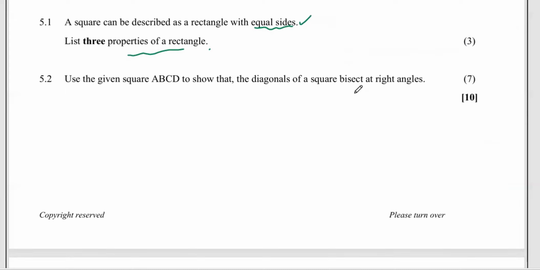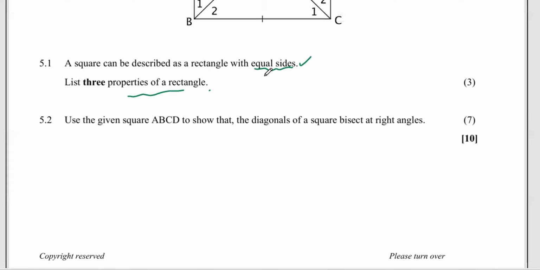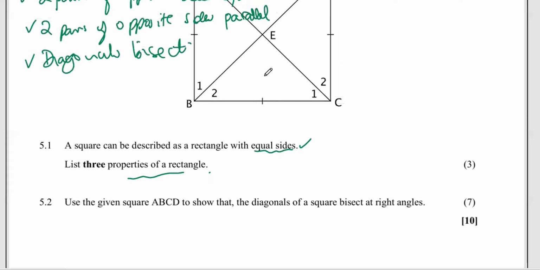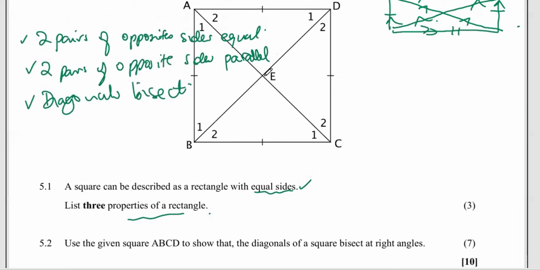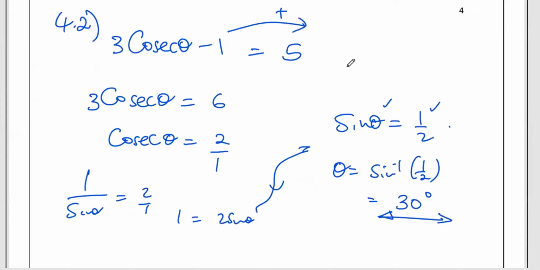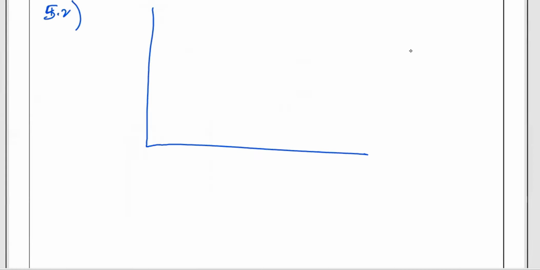There's no problem. 5.2, use the given square ABCD to show that the diagonals of a square bisect at right angles. Now, let me put the square this side. That's 5.2. Okay, please let's pretend like that is our square.